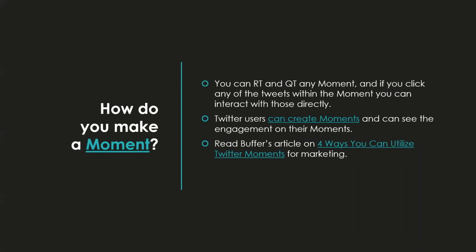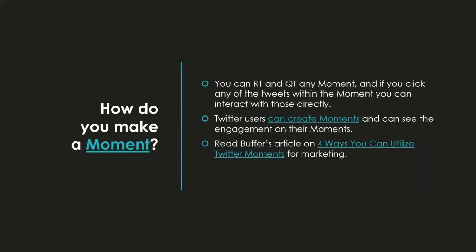Whenever you want to create a moment, and I've put a little guide here, when you go to your own personal menu, like where I told you, you'll hit Explore. There will be an option that says Create Moment, and then you will type in a topic and surf through tweets that you like and want to incorporate into that moment.